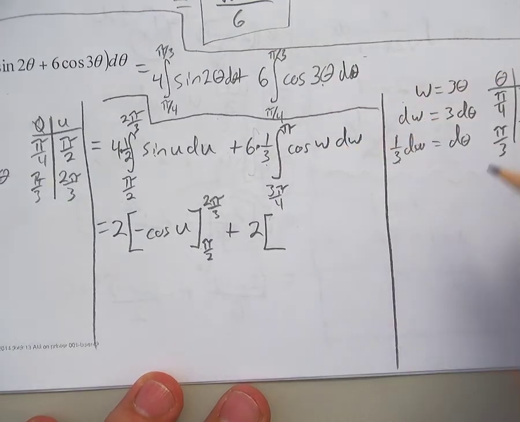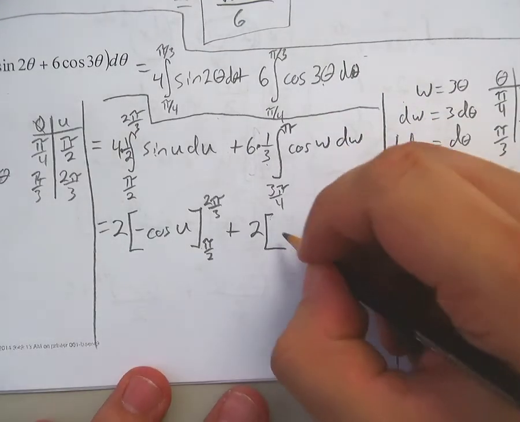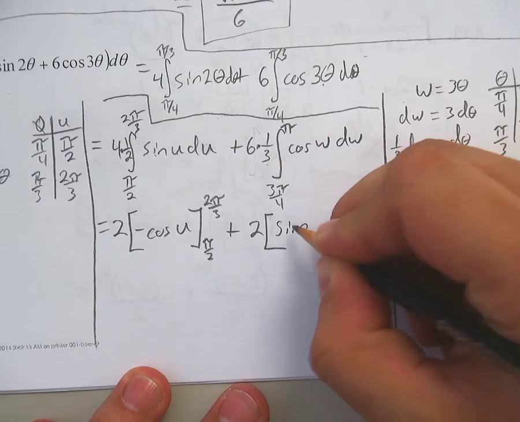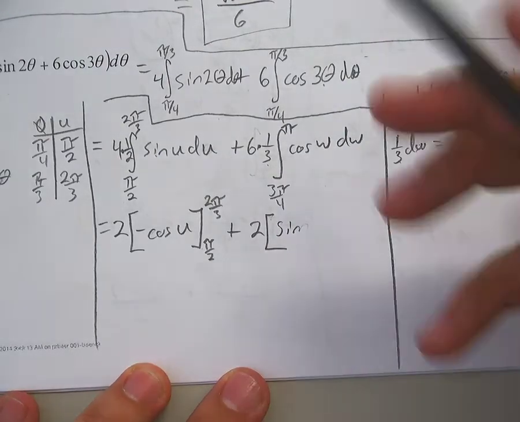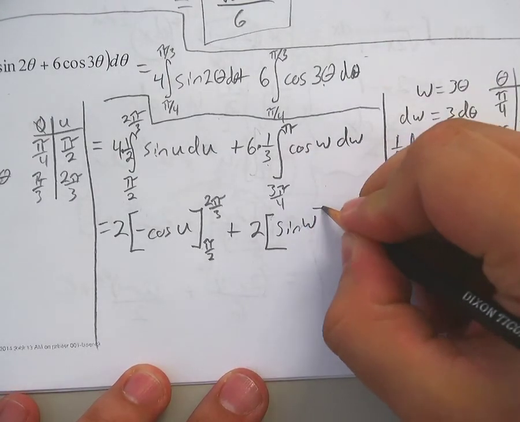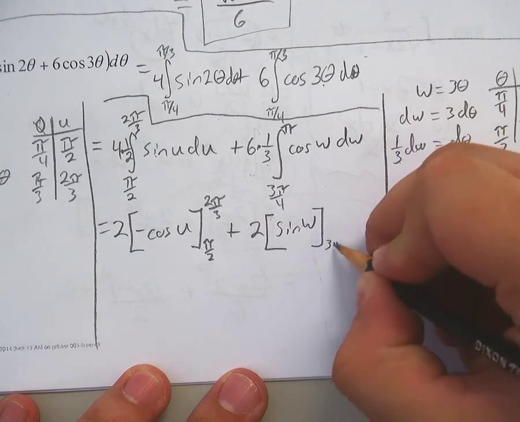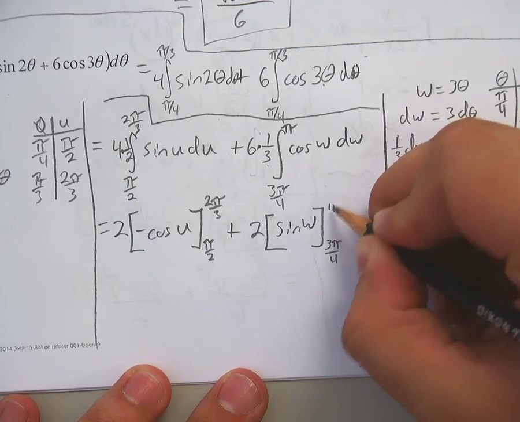The integral of cosine is sine, so sine of w evaluated from 3 pi over 4 to pi.